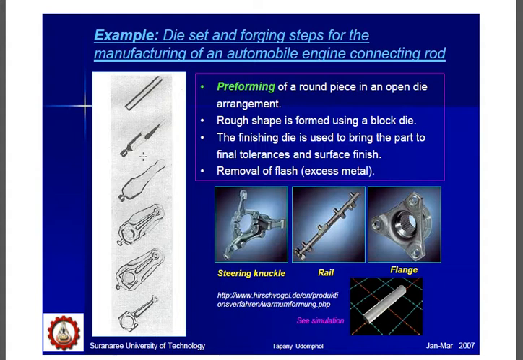The finishing die is used to bring the part to the final tolerance and surface finish. Remove the flash. Steering knuckle, rail, flange. This is part of forging. Steering knuckle, rail and flange.